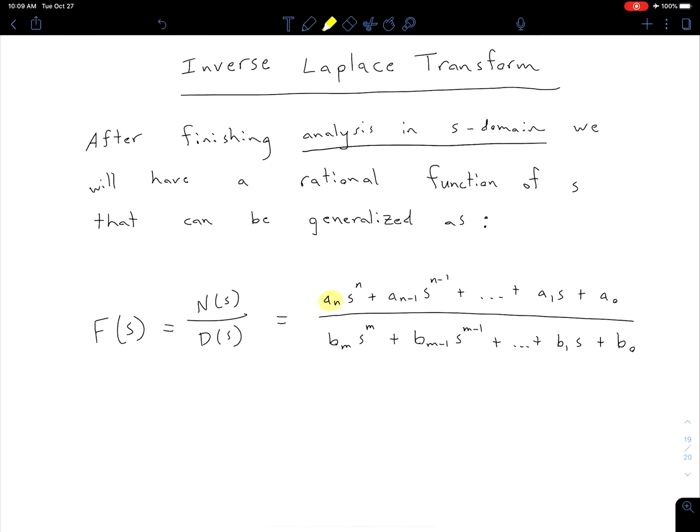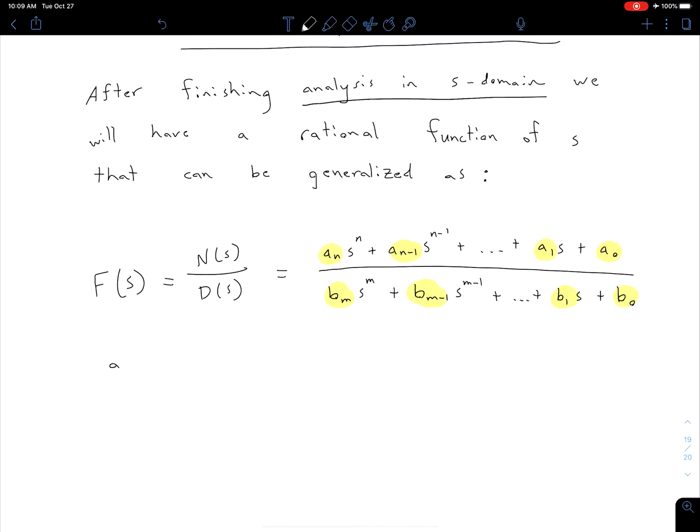And so basically all of these a's and b's are just going to be real valued constants. The other terms, of course, are our s's, and the s's are raised to some power.